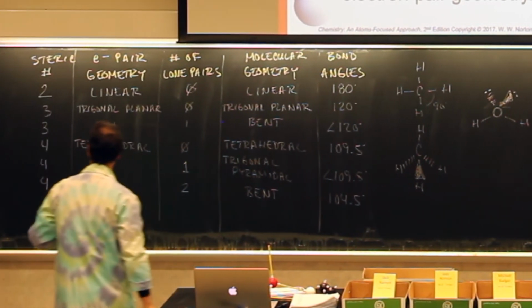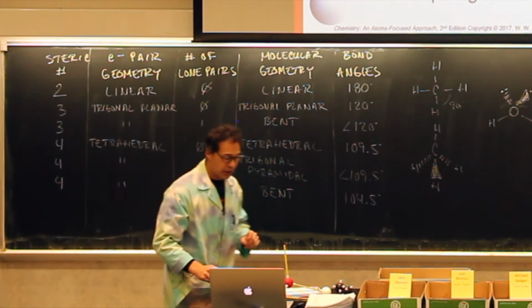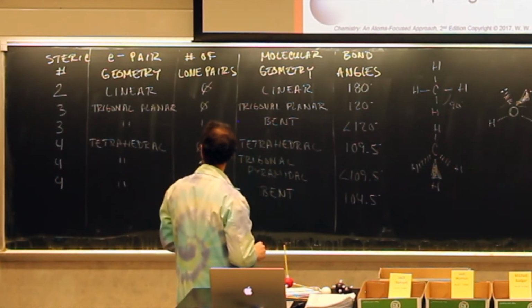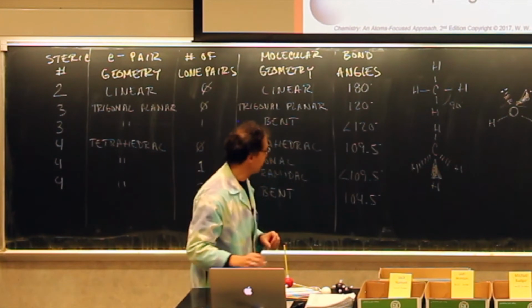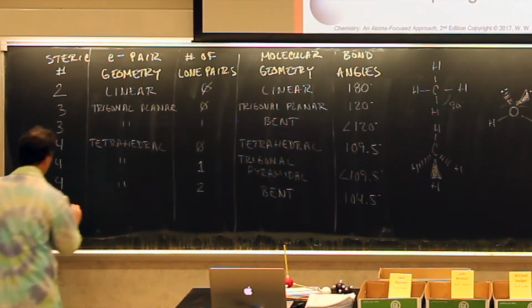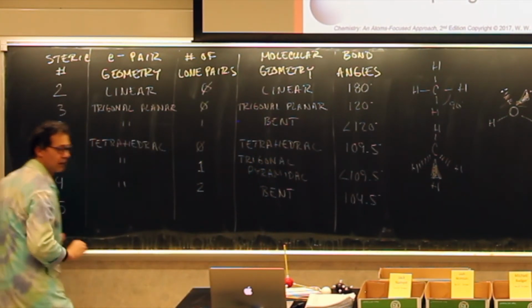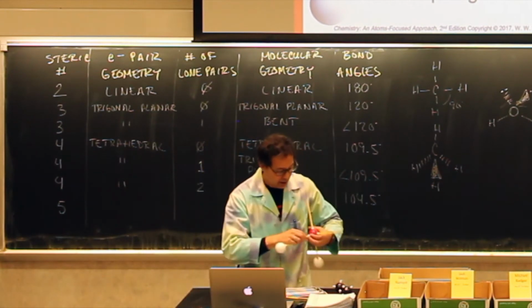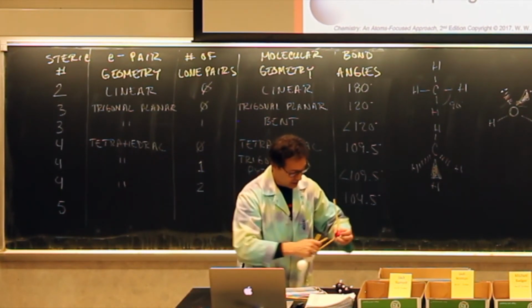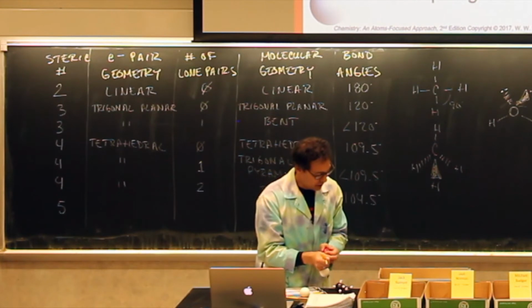All right. Then we're going to move on to 5, steric number of 5. And I think I can get one more here before I have to clean the board. So I'm going to go 5. And I'm going to get 5 things off of my central atom.